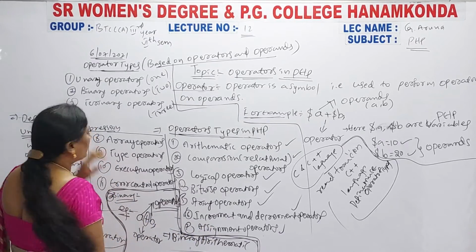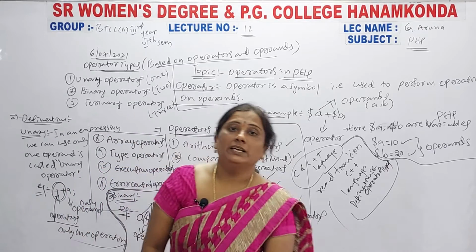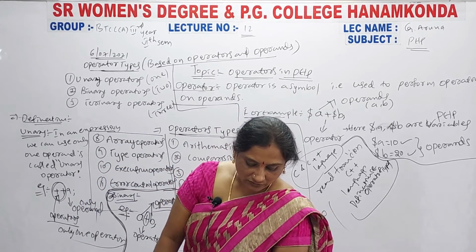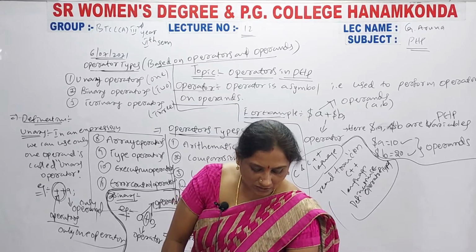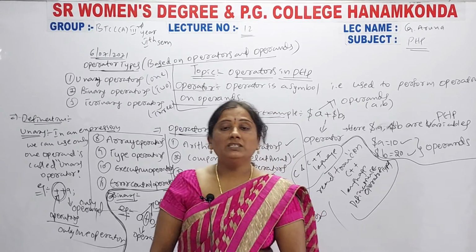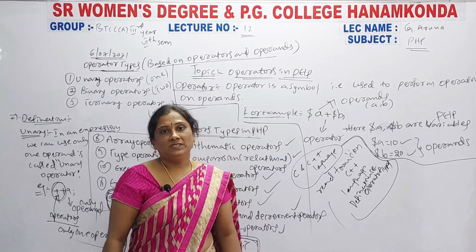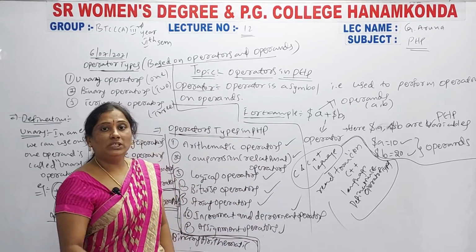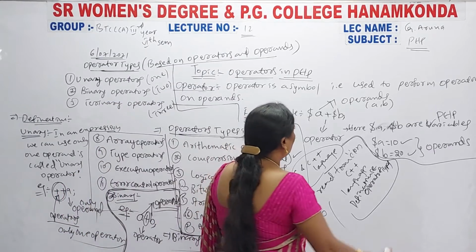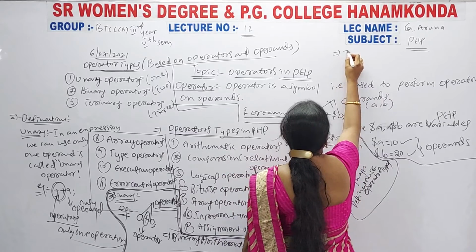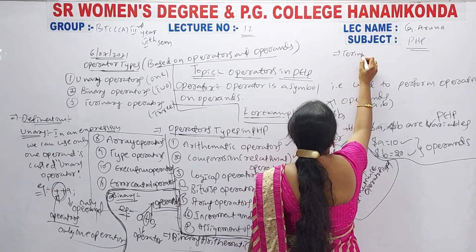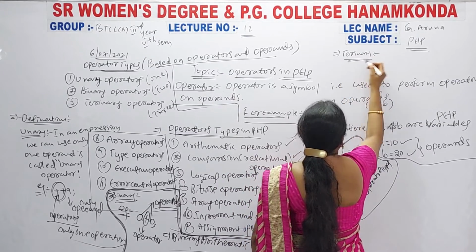Okay. The next, the third one, is ternary. In ternary, how many operands are there? We have 3 operands. So what is the definition of the ternary operator?